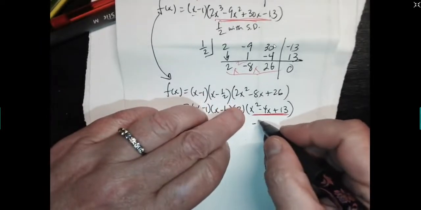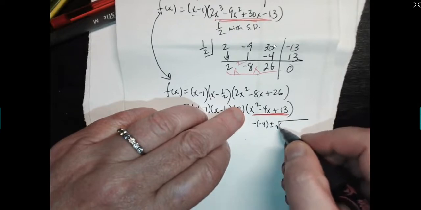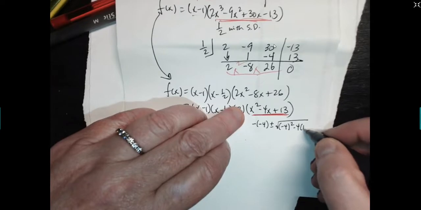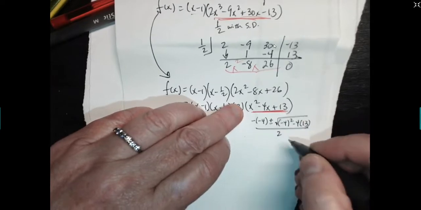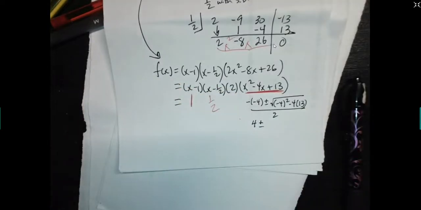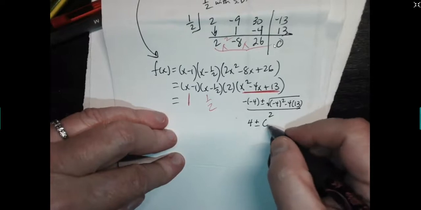So it's going to be negative b plus or minus the square root of b squared minus 4 times a times c all over 2 times a. So 16 minus 4 times 13 is negative 36 inside here.